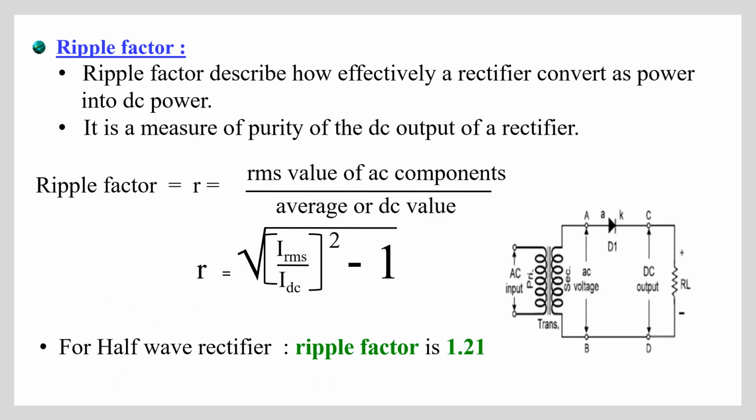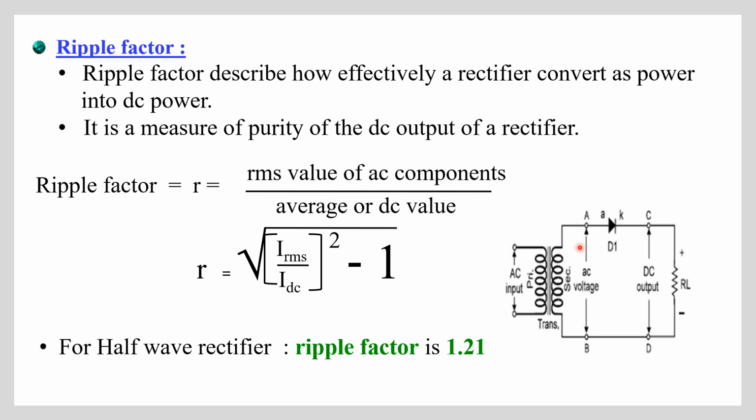So now let us move to the next parameter, that is ripple factor. So far we have seen that whenever a sine wave is applied to this half wave rectifier, then at the output we get a pulsating DC voltage. It means that it has some finite ripple.